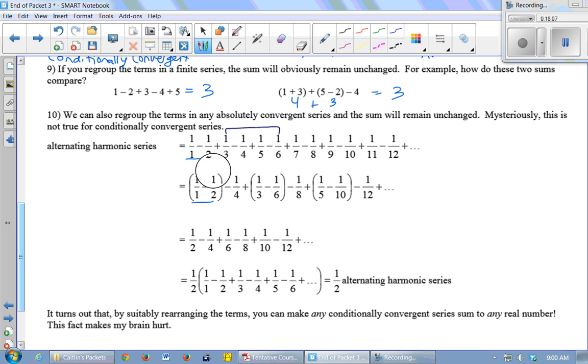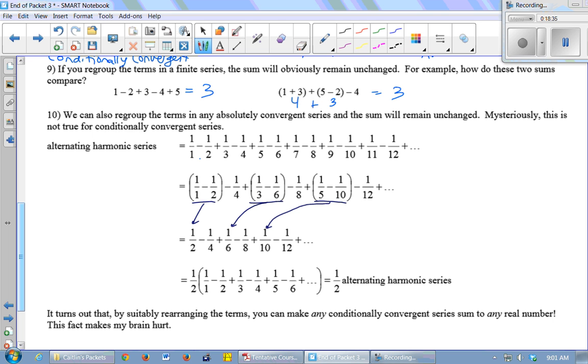So I'm just rearranging the order here. And then if you do the stuff in parentheses, 1 minus a half is a half. A third minus a sixth is a sixth. Then I still have an eighth. A fifth minus a 10th is a 10th.